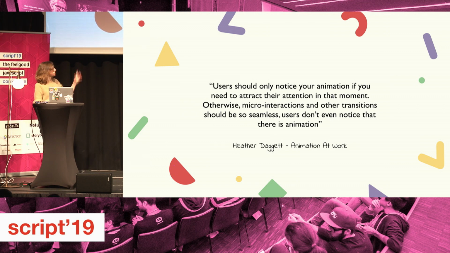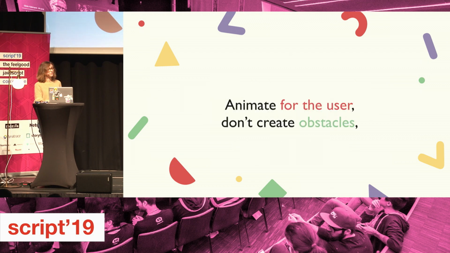And that's also from the Animation at Work book. So in the end, you should animate for the user and not create obstacles, and think about who is using your interface, and how you can make your interface more usable for those different users.